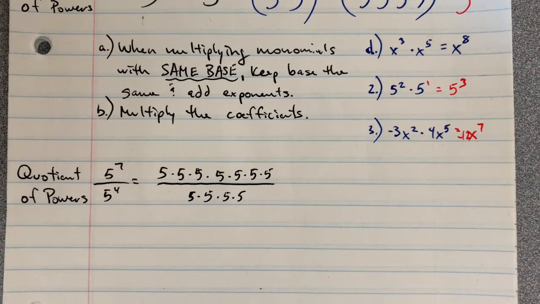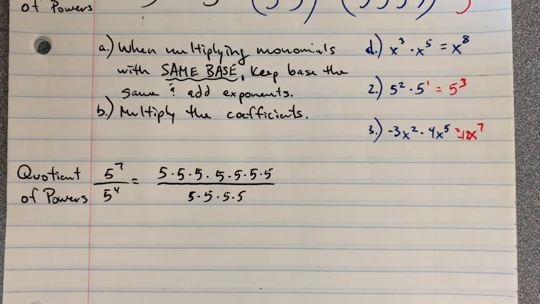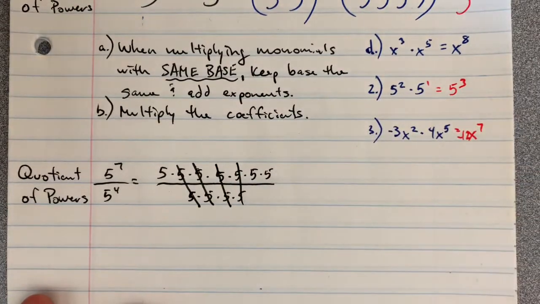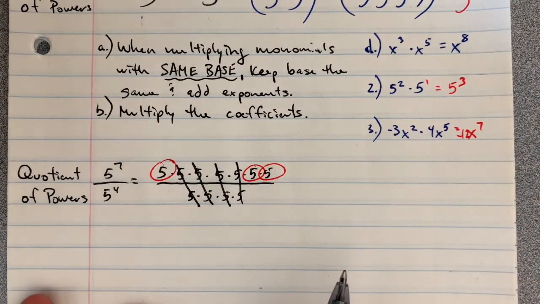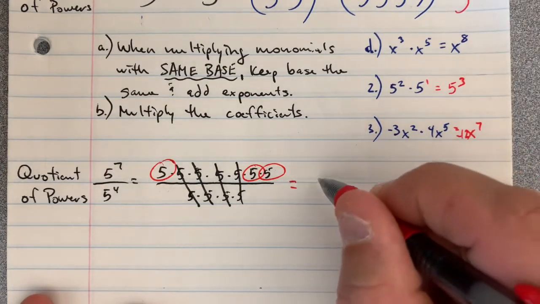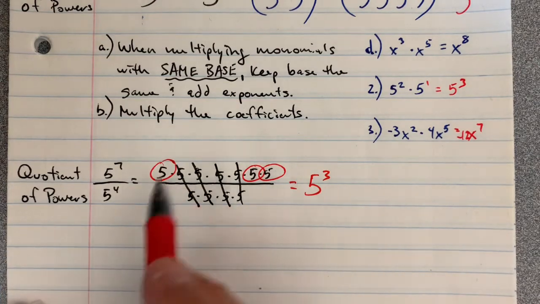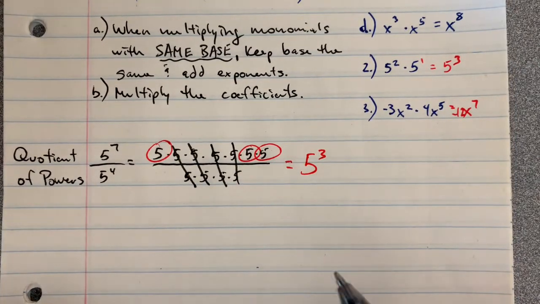Now, if I look at this in terms of quotient or dividing, I can kind of cancel out. Cancel, cancel, cancel, cancel. I'm left with that guy, and that guy, which really is just 5 to the 3rd power. Instead of writing all that out in expanded form and crossing stuff out, we have some more rules.